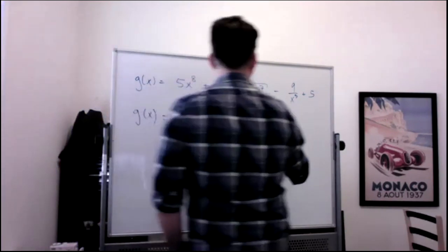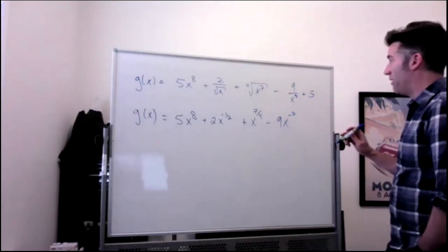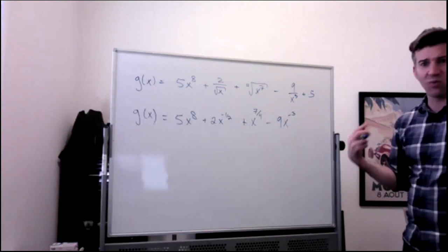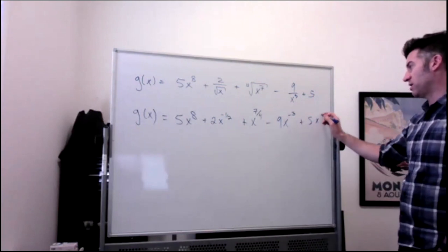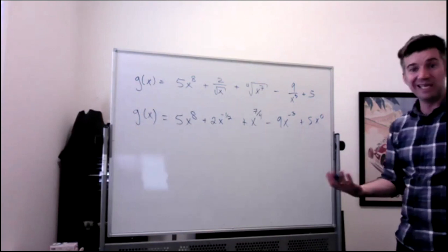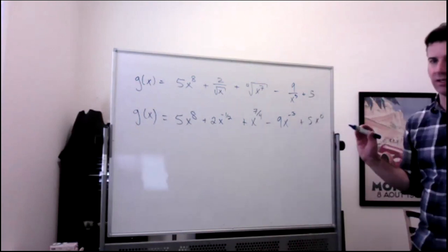And this is going to be minus 9x to the negative 3rd. And then if you wanted, although I don't really want to, you could write this as 5 times x to the 0. I don't think we need to do that, but you could. I'm going to leave that there for a second. I'll erase it in a minute.